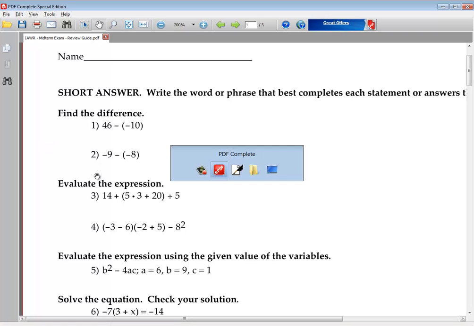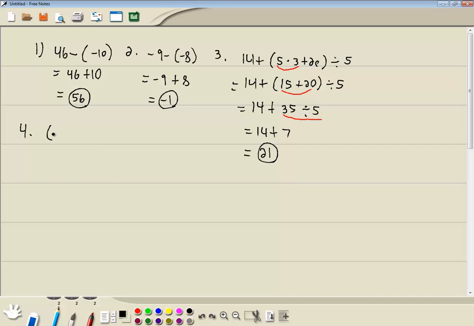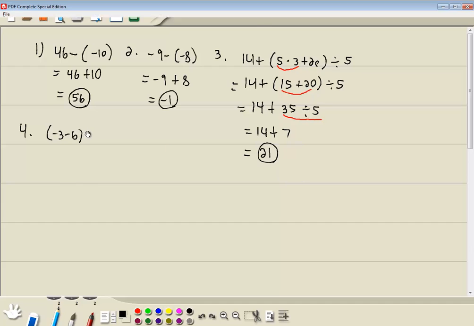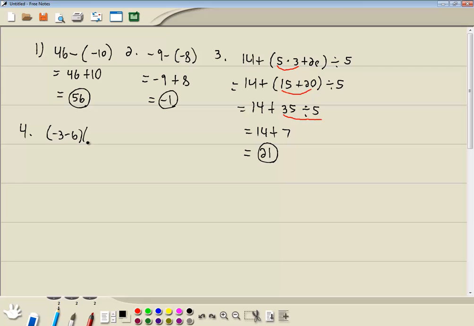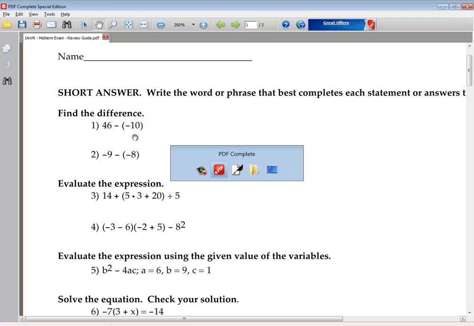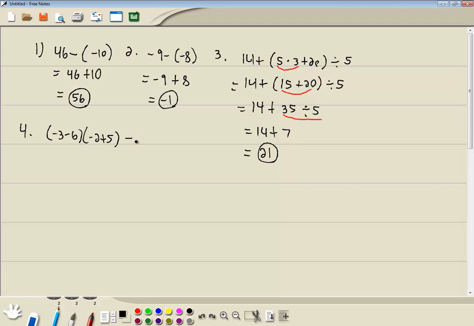Number 4, negative 3 minus 6 times negative 2 plus 5 minus 8 squared. Please excuse my dear Aunt Sally. Please do what's inside the parentheses. Well, let's do this first.